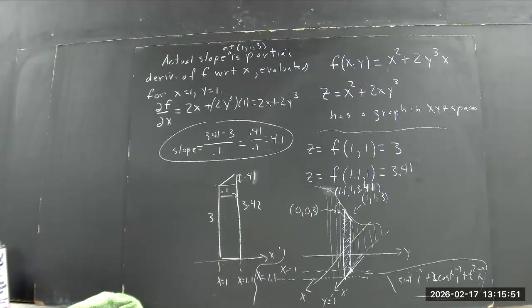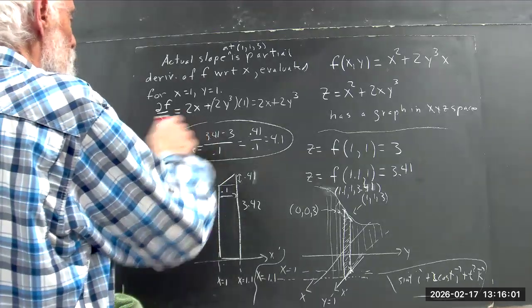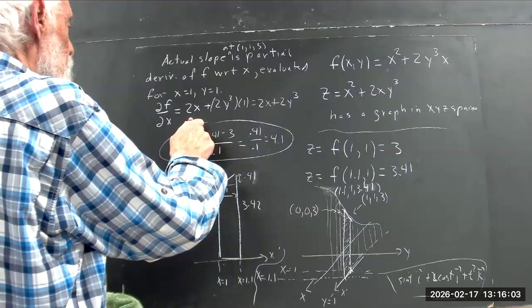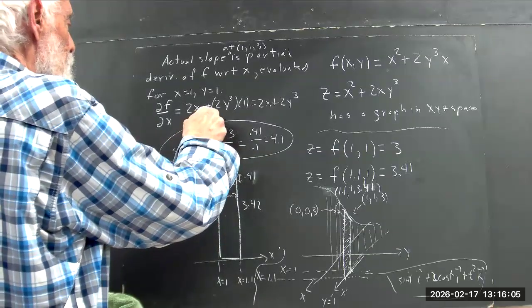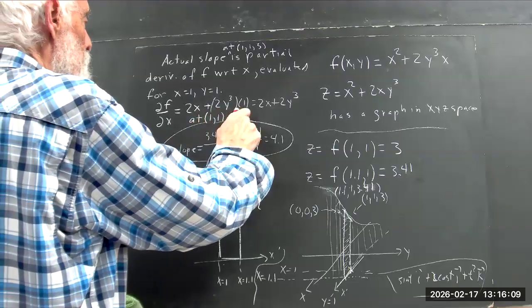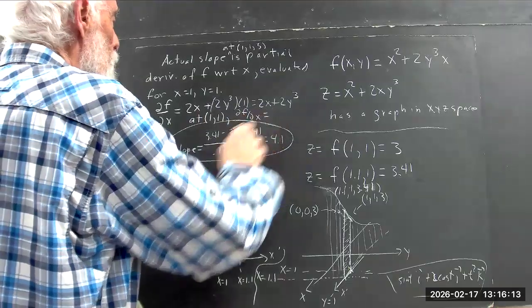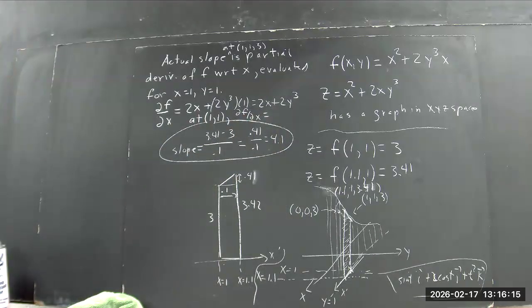Okay. Now, why did that work? Well, let's see if it works. Didn't leave myself room to write this, but I'll write it small. At 1, 1, what is the partial of f with respect to x equal?